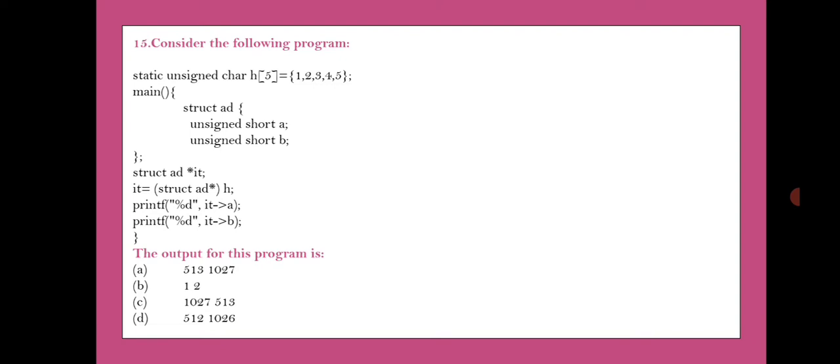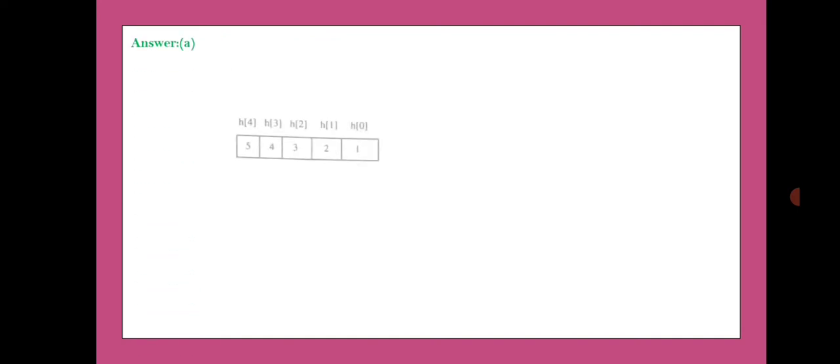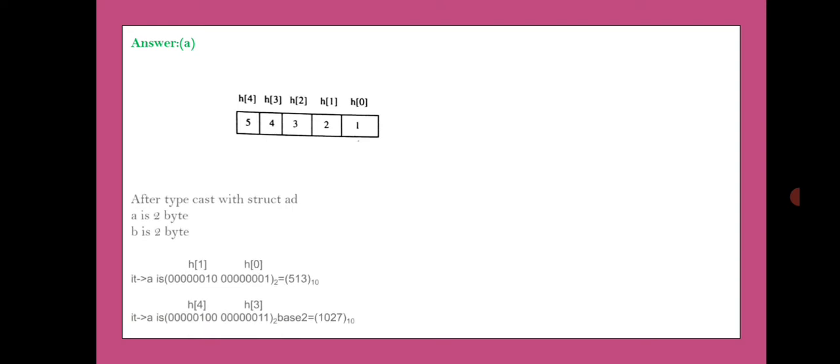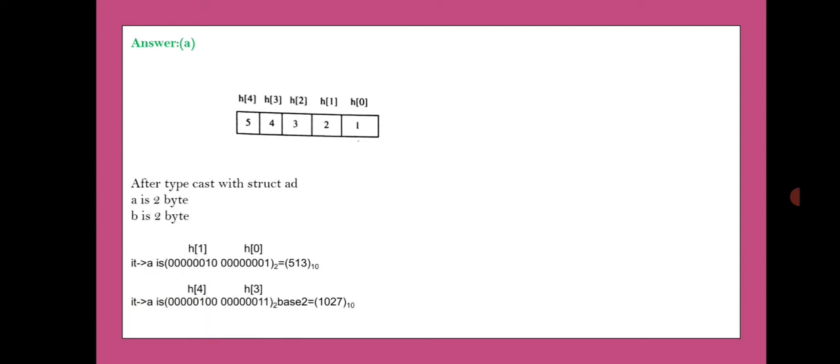After typecast with the structure, we have 1 2 3 4 5, that means H of 0 is 1, H of 1 is 2, H of 2 is 3, H of 3 is 4, H of 4 is 5. Let's look at how it is associated after typecast. A is 2 bytes, right? B is 2 bytes.